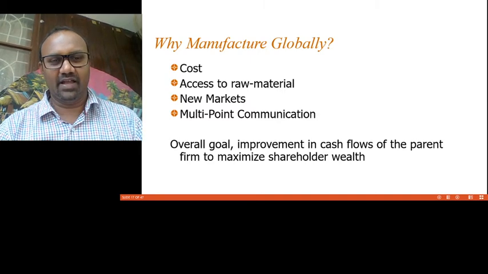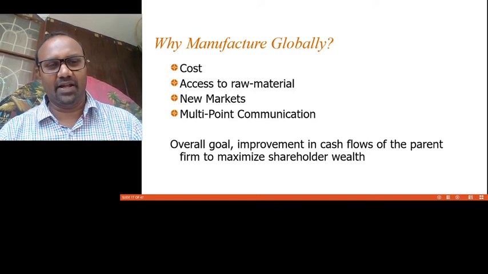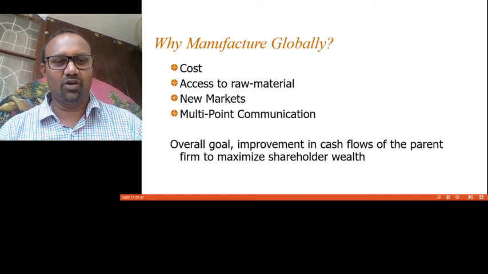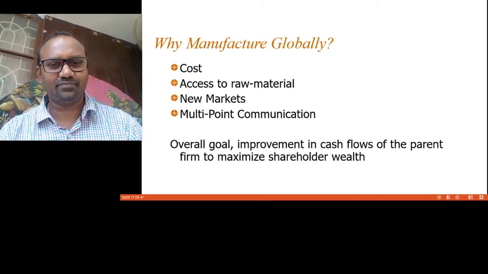You can assemble it and then you can sell it. So which means the production and consumption can take place in the same country if the volume of demand is much bigger and you want to take advantage of that.